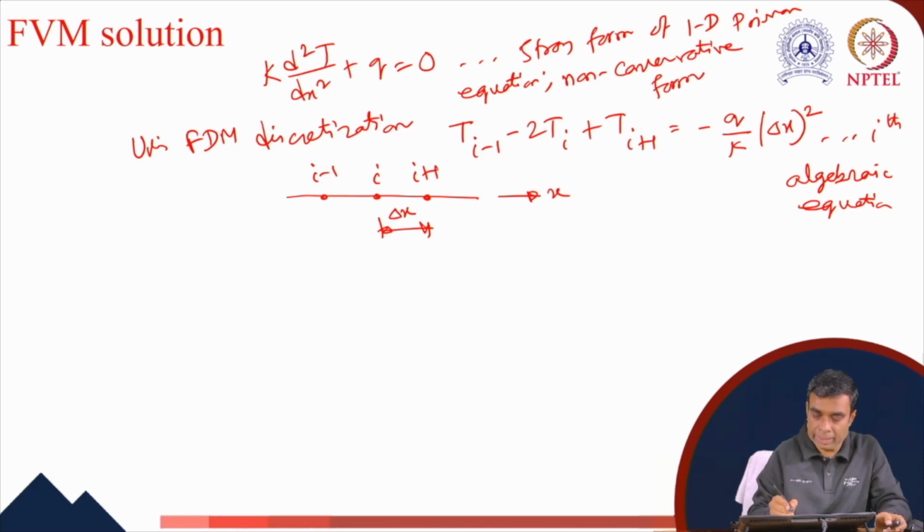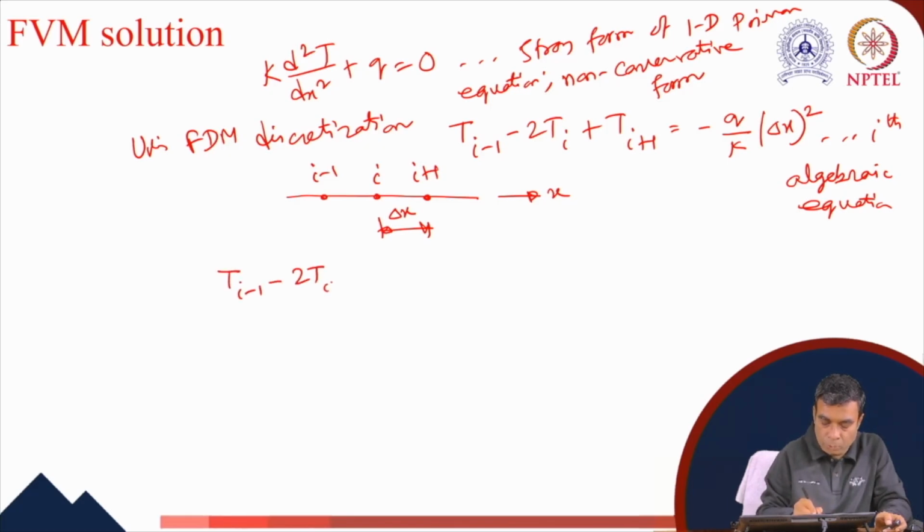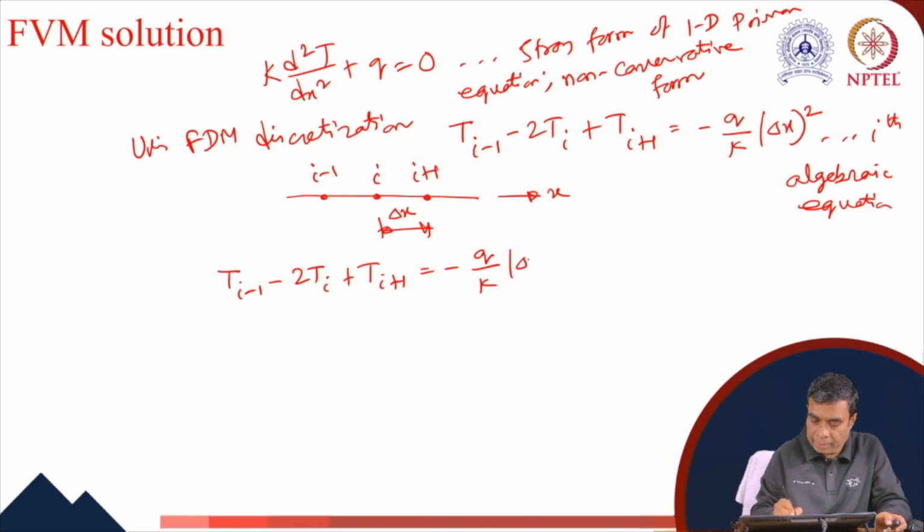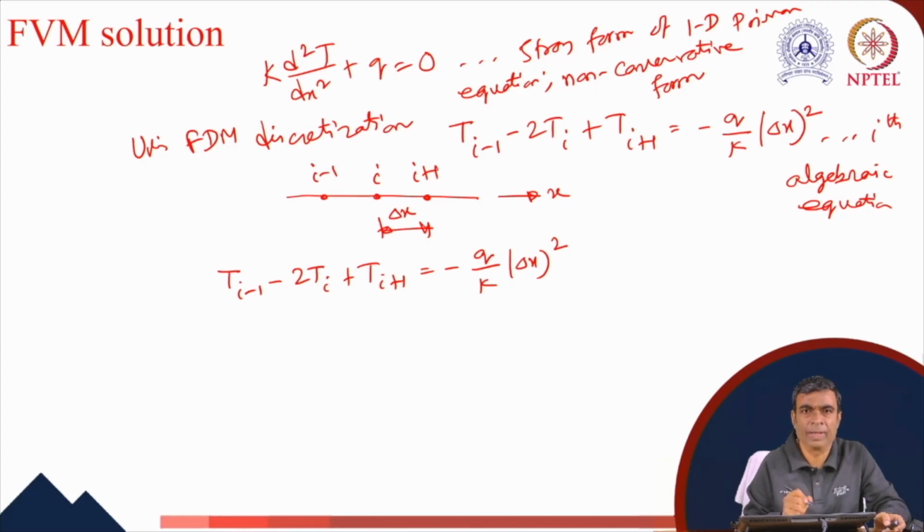Now, in this expression, T(i-1) minus 2Ti plus T(i+1) equals to minus Q by K delta x whole square. This is the ith equation. The coefficient of the ith term, it represents the diagonal of the matrix equation.